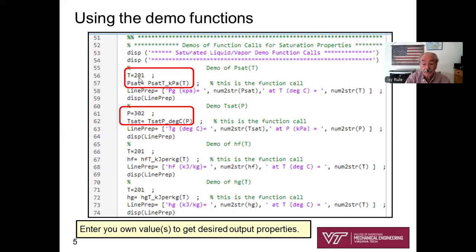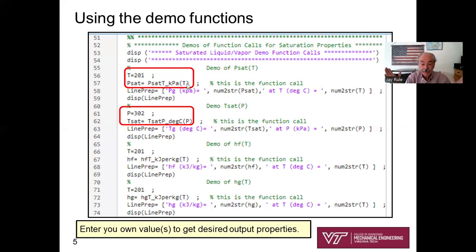Well, that's got to be in degrees C. Okay? Shame on me for not putting degrees C, but I failed to do that. T is 201 degrees C. Next is the function call. It says PSAT, that's the variable that I'm assigning saturation pressure to, equals, well, the function name, PSAT T underscore KPA with the input of T.